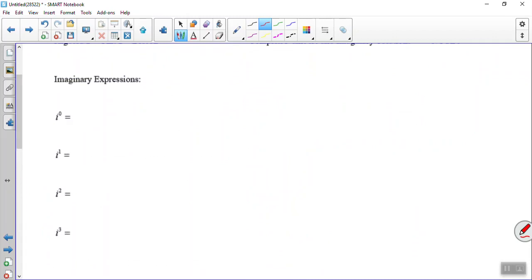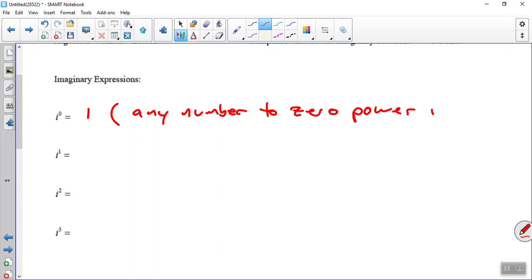So we're talking about exponents, right? Anything to the 0 power, i to the 0 is going to be 1. Yes, that includes imaginary numbers.